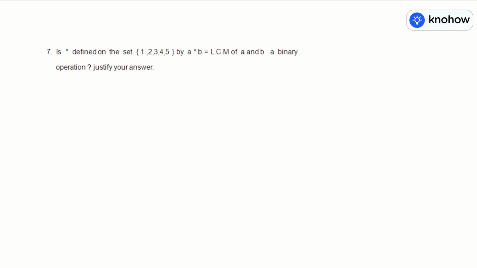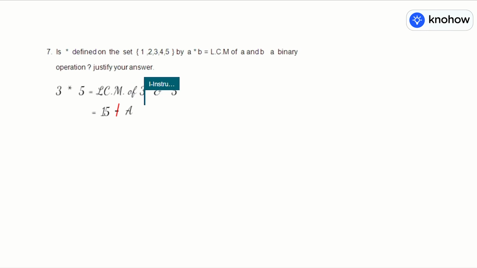LCM of A and B. So let us choose, say, 3 and 5, which will be simpler. What do you mean by 3 star 5? 3 star 5 means LCM of 3 and 5. Obviously the LCM of 3 and 5 is 15, but it does not belong to the given set.